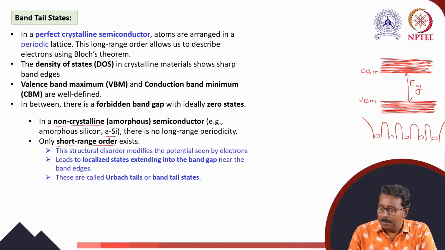So this looks like this. Suppose you have amorphous silicon. Suppose this is a grain boundary. So in this particular grain, suppose atoms are arrayed in a regular fashion.